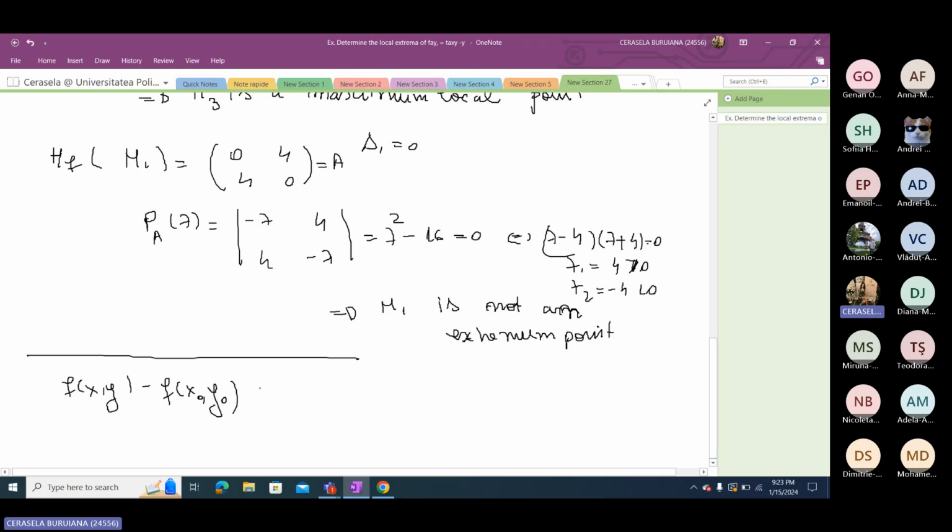The idea is to find a Taylor polynomial. I hope you remember the Taylor polynomial of first order and of second order. I don't know of what order, maybe of order 2 it will work, but that's not a rule.